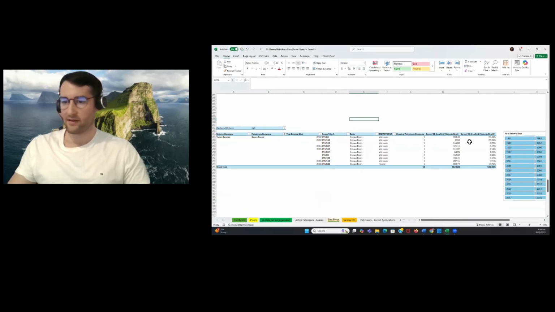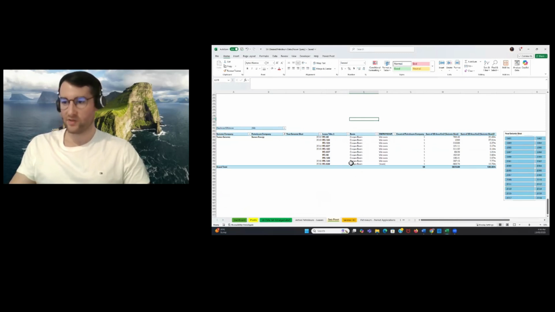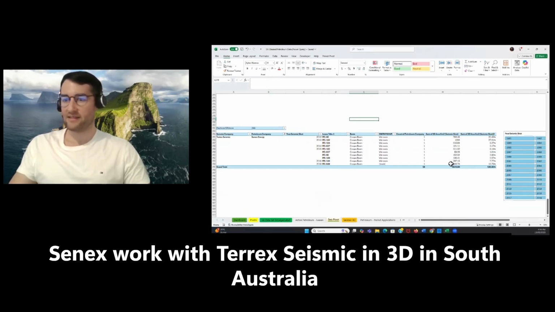Okay, and then from there, I can look at it and go, okay, well, this is what they've shot, 3,823 square kilometers of 3D seismic. Breakdown here, they always work with Parric Seismic. These are the years that they shot it. These are the lease titles. And it's pretty easy to see from there.